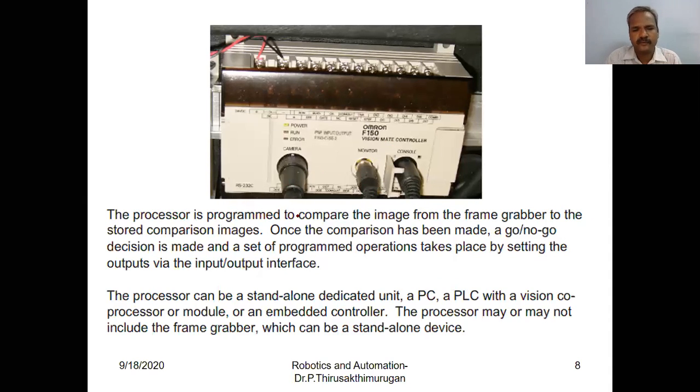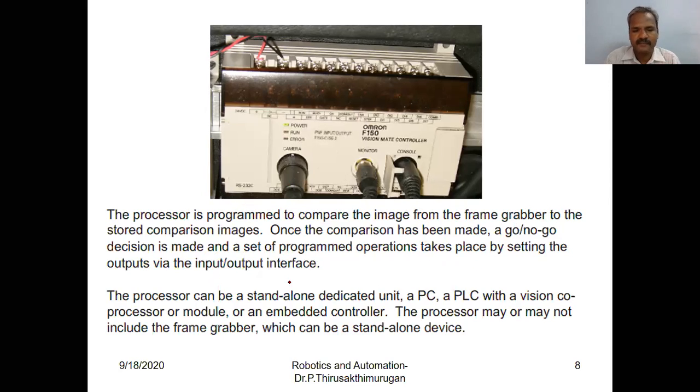The processor is programmed to compare the image from the grabber to the stored comparison image. Once the comparison has been made, a go or no-go decision is made, and a set of programmed operations takes place by setting the outputs via the input-output interface.